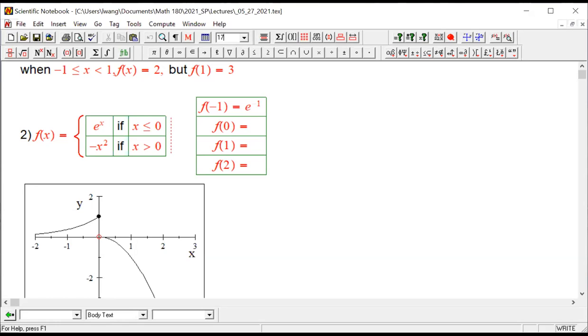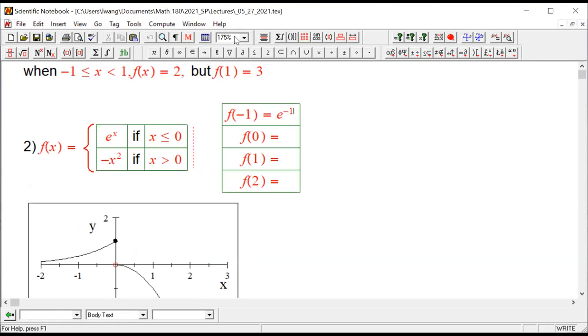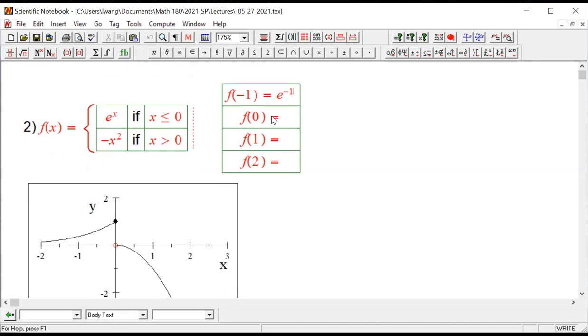So can you finish the rest? Piecewise function, right? Different pieces.